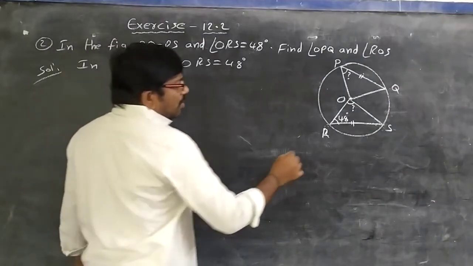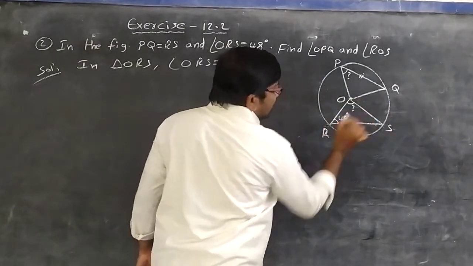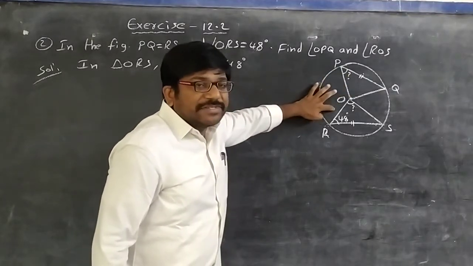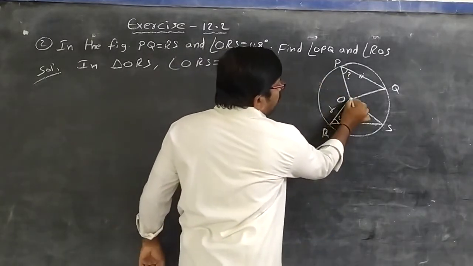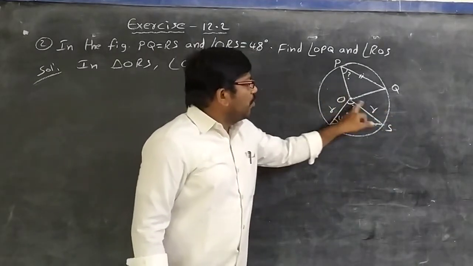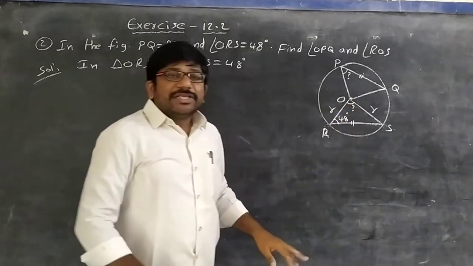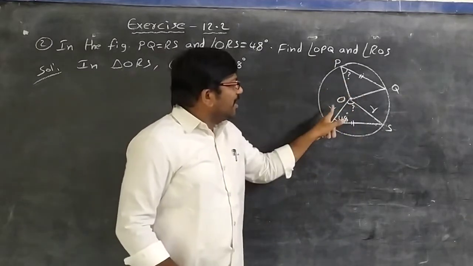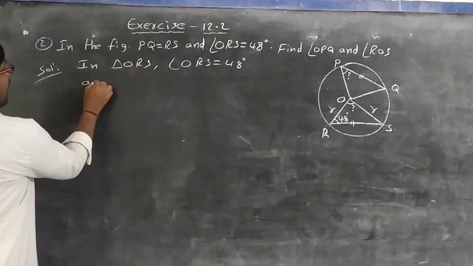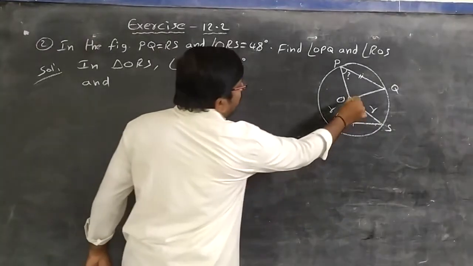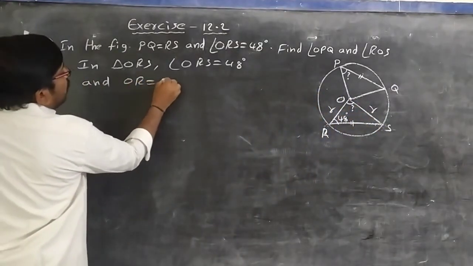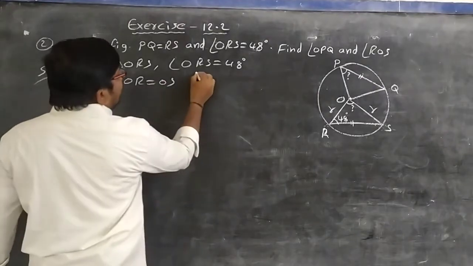And what about the OR and OS sides? Observe carefully. OR is a radius of the circle, and OS also a radius, right? So OR and OS are radii of the circle. So they are equal in a circle. Radii are the same, right? OR is equal to OS. Radii in the same circle.